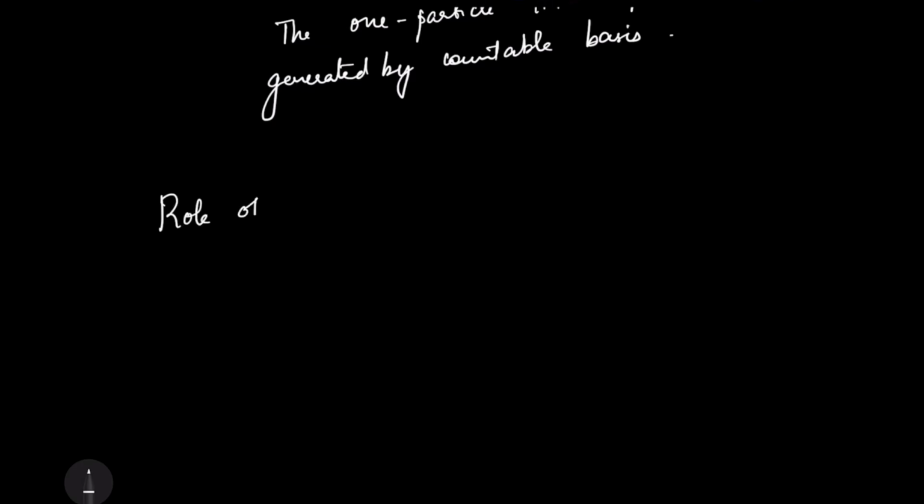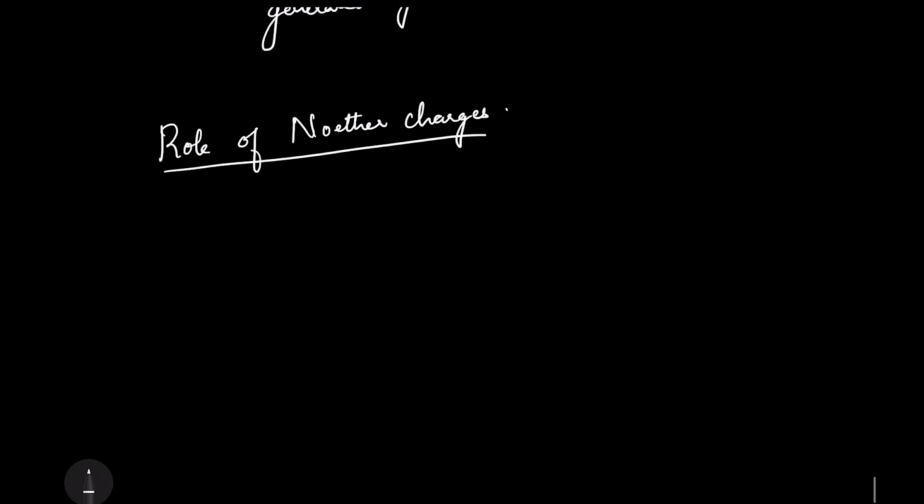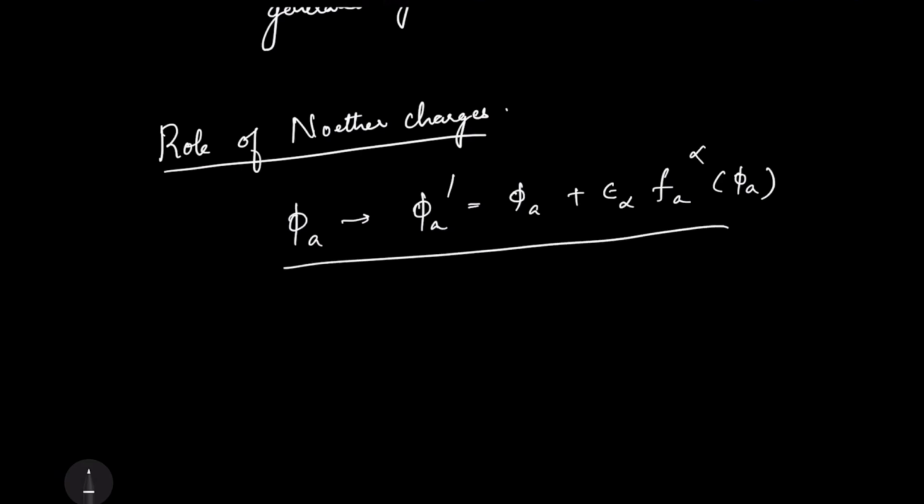So next we see the role of Noether charges. In classical mechanics, if an action is invariant under a continuous symmetry of infinitesimal form, for example, phi a prime equal to phi a plus epsilon alpha F a alpha of phi a, then the conserved current J mu alpha is such that del mu J mu is equal to 0.